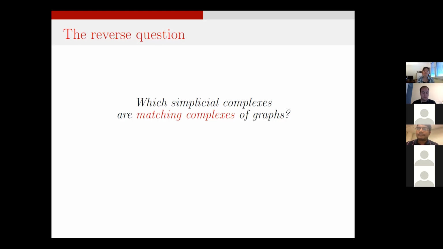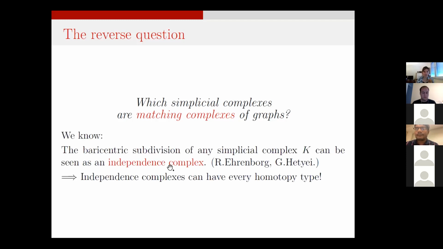And when we think about this question, we have some small motivation that comes from independence complexes. As I said, matching complexes are a subclass of independence complexes. And briefly said, we can say that everything is an independence complex. If not the complex itself, then its barycentric subdivision is an independence complex.